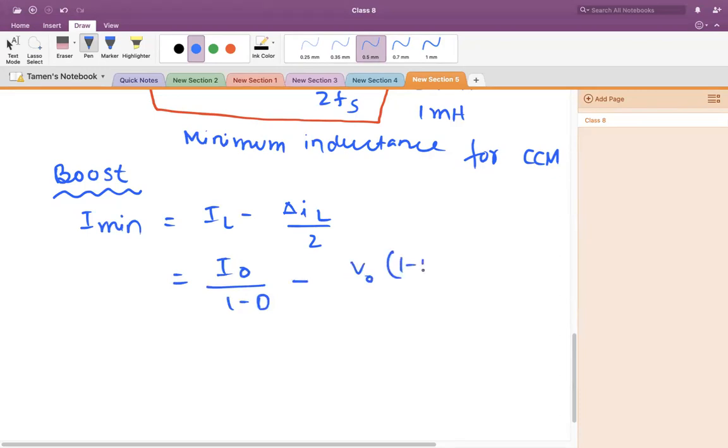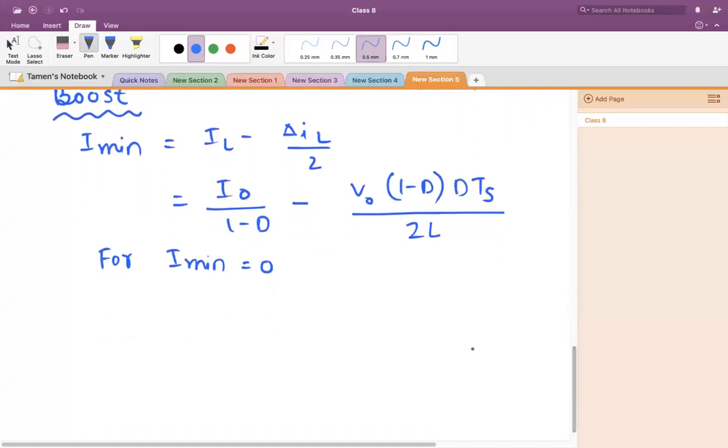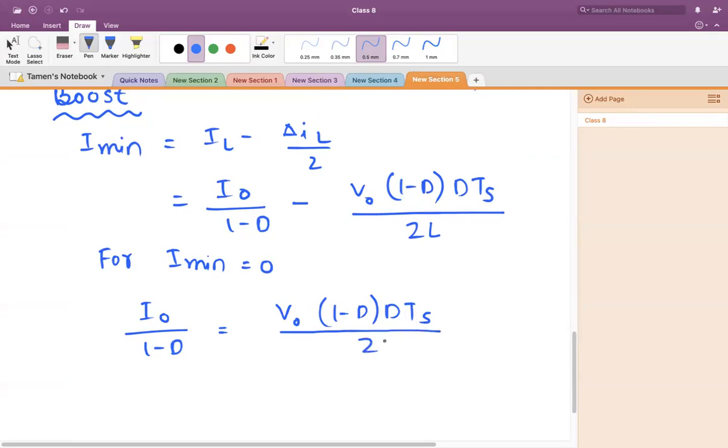That is the equation for the delta IL for boost, DTs upon twice of L. For I minimum equal to 0, the value of I naught upon 1 minus D will be equal to V naught 1 minus D DTs by 2L.